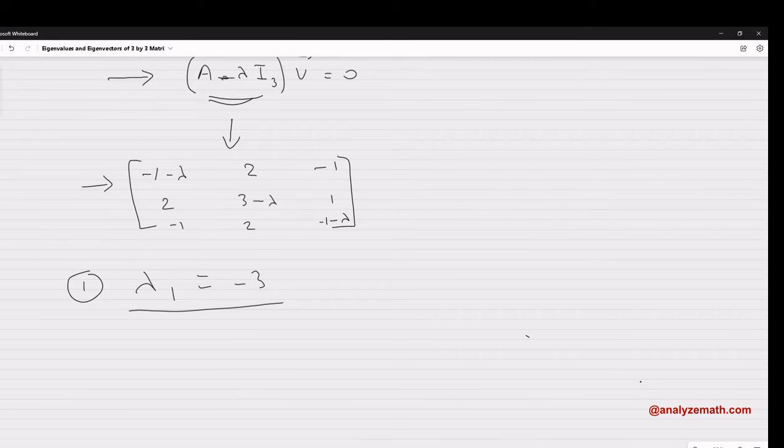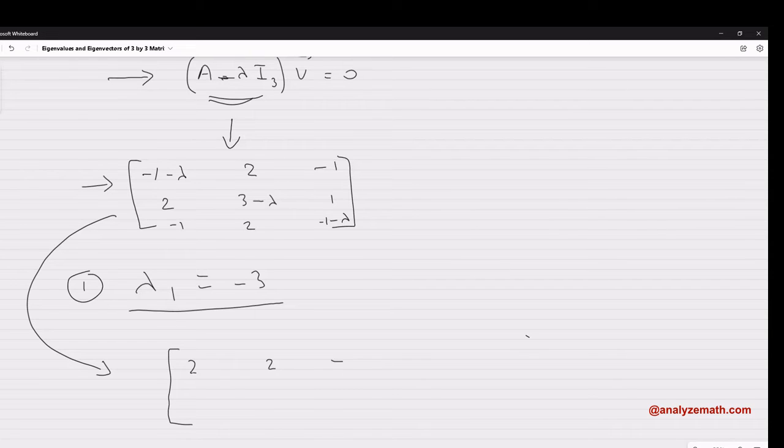So for lambda 1 equal to negative 3, this matrix here becomes... What I will do is substitute the value of lambda 1 in the diagonal. So that will give me, for example, negative 1 minus 3... that gives me 2, and then 2 minus 1, and so on.